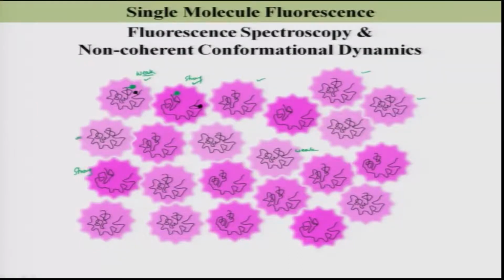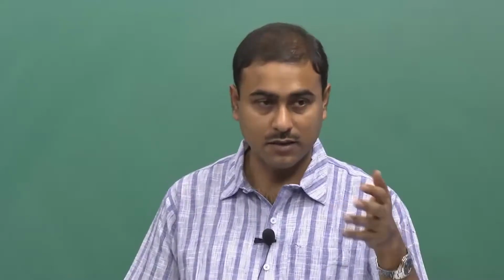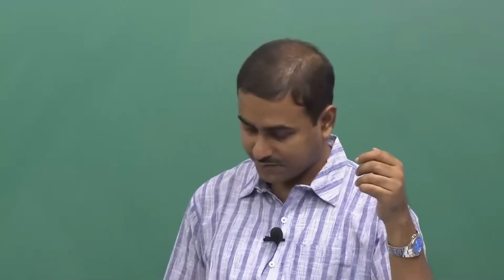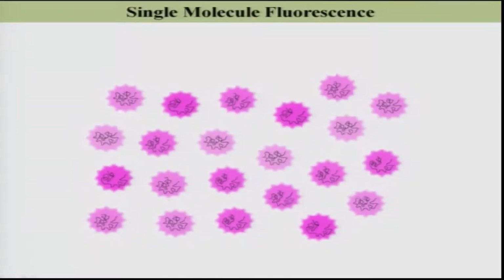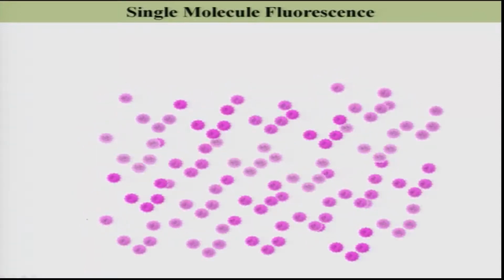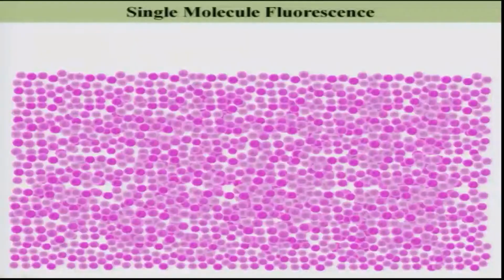Consider you have Avogadro number, let us say micromolar, so 10 to the power 17 molecules per liter, right. So, in such a case, let us see this animation. You have several such molecules, a huge number, 10 to the power 17 molecules present in the solution.